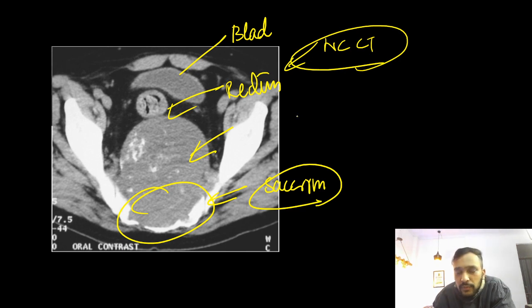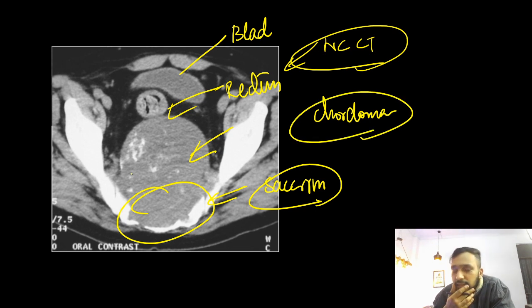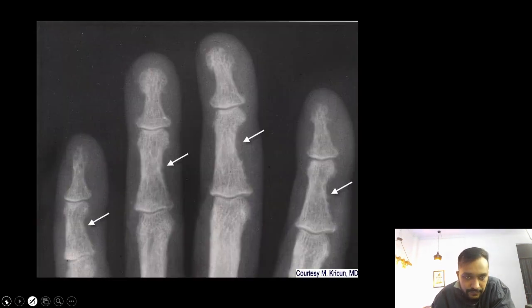And guys, the most common tumor that you can find in this region is your chordoma. Some people call it a sacrococcygeal teratoma. It is not a sacrococcygeal teratoma because you are not seeing any fat attenuation contents within it, and it will also not cause so much destruction of your sacrum.